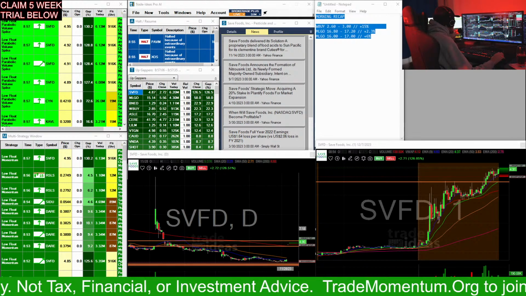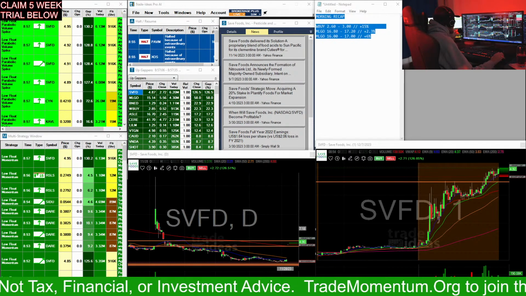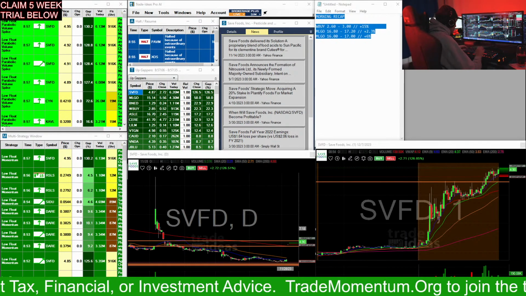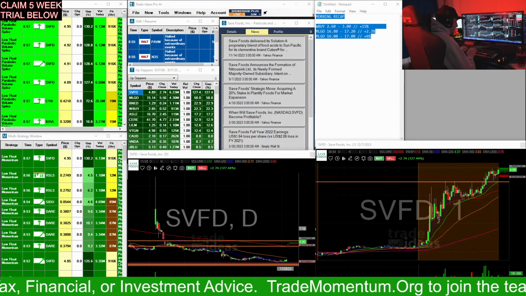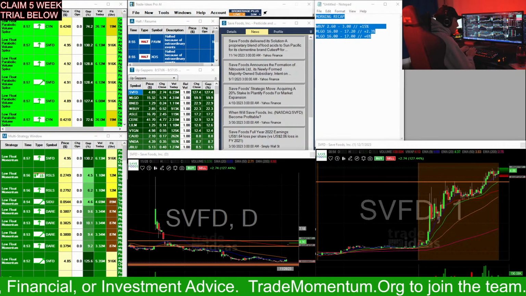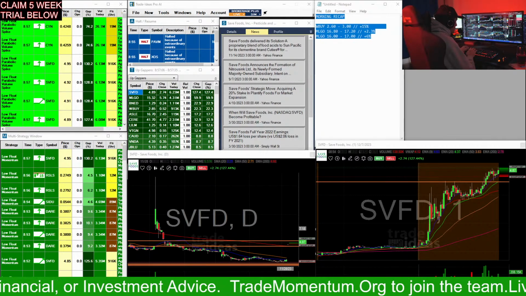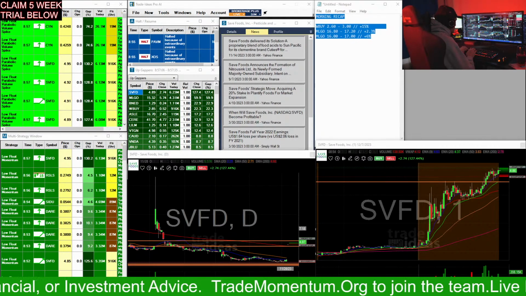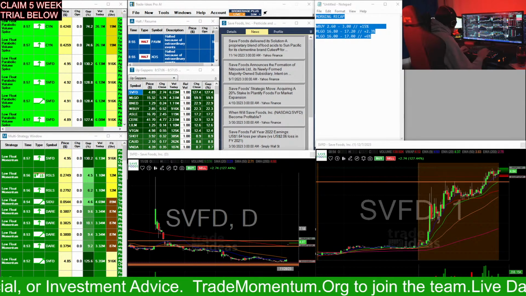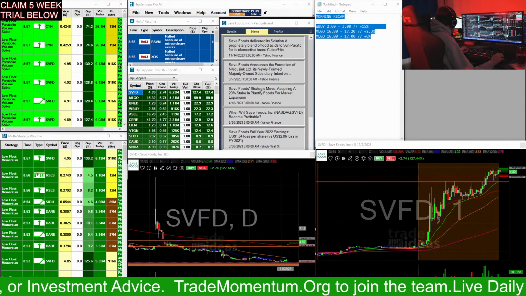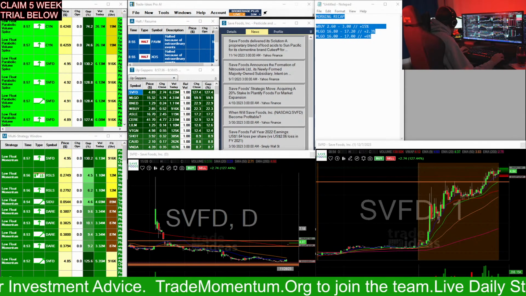Stops are at 4.72. Took half out under 5. Loosening stops back to 4.5 on this.